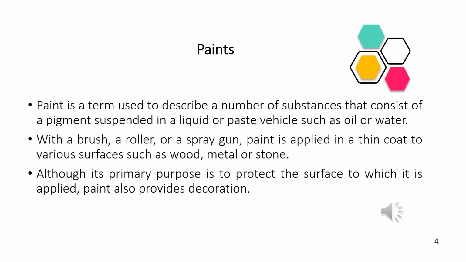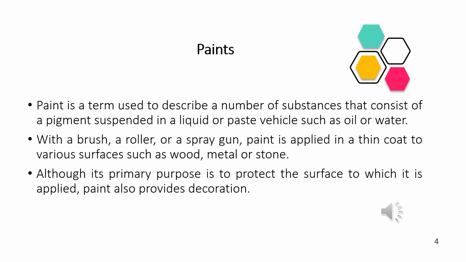What are the uses of paints? With a brush, a roller or spray gun, paint is applied in a thin coat to various surfaces such as wood, metal or stone. So, how can we apply the paint?